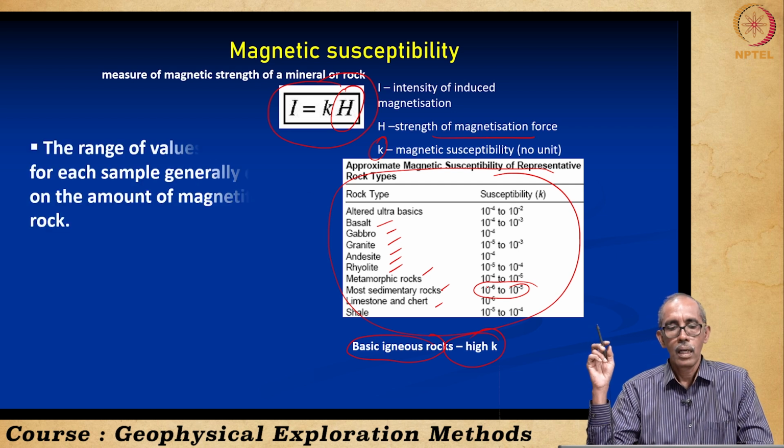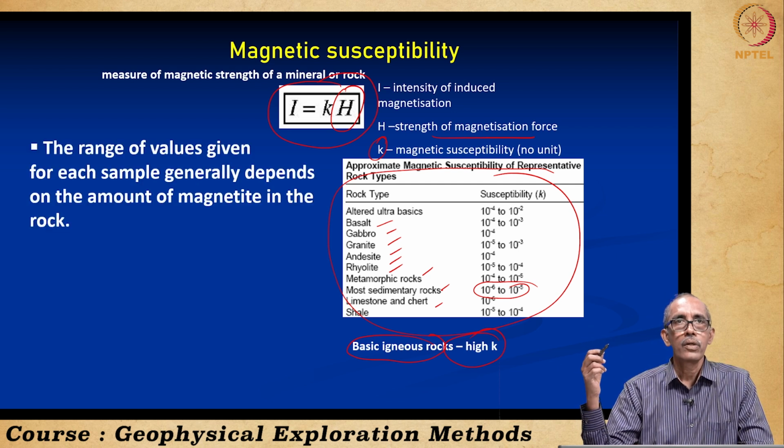The range of values given for each material depends on the amount of magnetite or other susceptible elements present in the rock. We had seen this already.